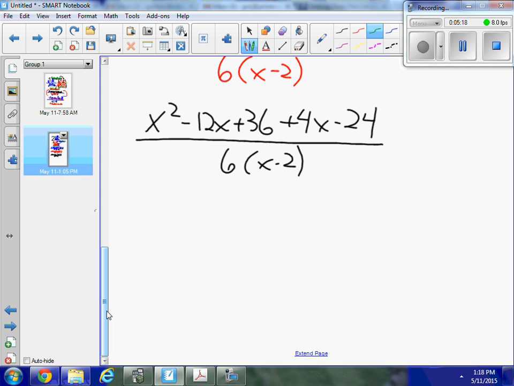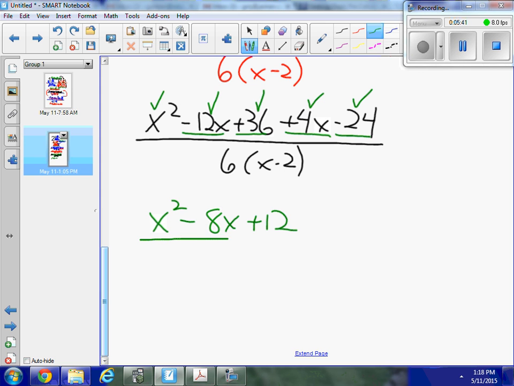Going back to my numerator, I have x squared, and I have negative 12x and positive 4x. That gets me minus 8x. So those two are taken care of. And I have positive 36 and negative 24. That gives me plus 12. Those two are taken care of. And this is divided by 6 times x minus 2.